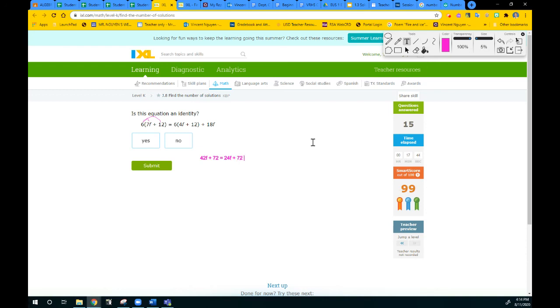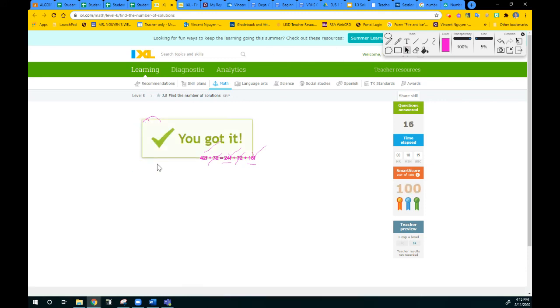And then plus 18f. So the 72, they're the same, so we can cancel them out. Here's the problem. Do 24 and 18 make 42? Well, 4 and 8 make 12, carry the 1 over, and then 2 and 1 make 3, with the 1 is 4. So these are also equal to each other. So I say this is an identity. So I'm going to say yes.